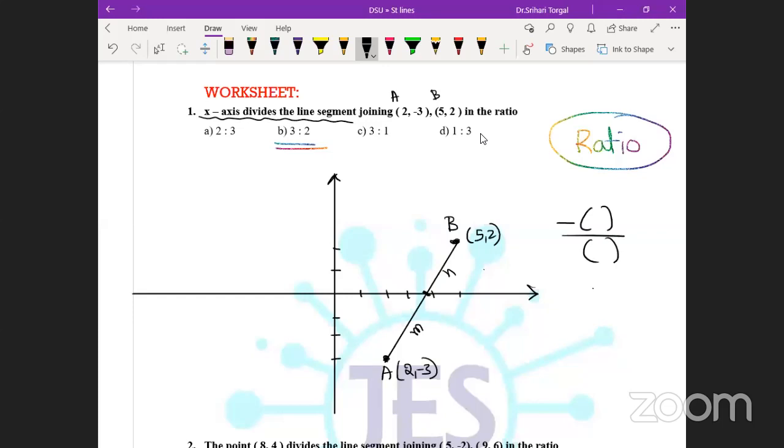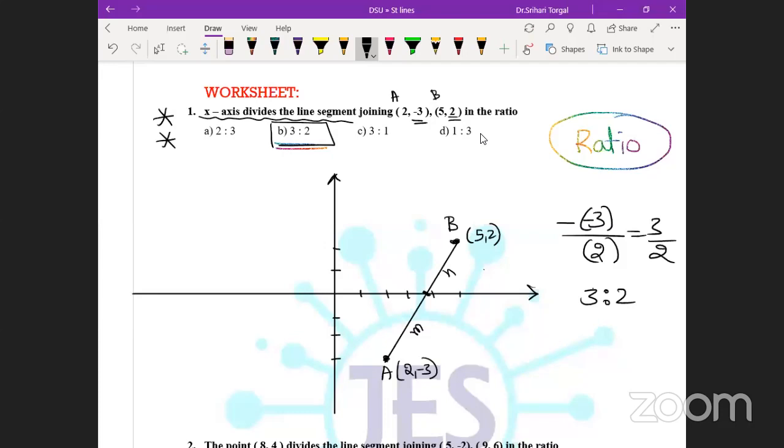If they say x-axis, then you have to take the y coordinates. What is the y coordinate of the first point? It is -3, right? And the y coordinate of the second point? It is 2. The answer is 3 is to 2. That's it. That is 3 by 2, we can write it as 3 is to 2. Option B is the right answer.